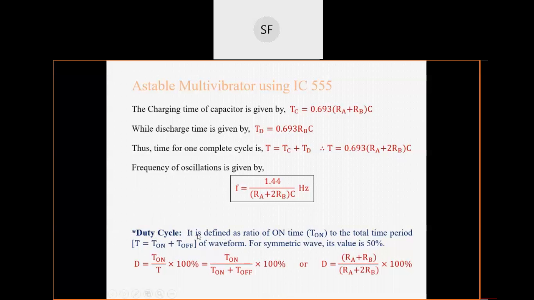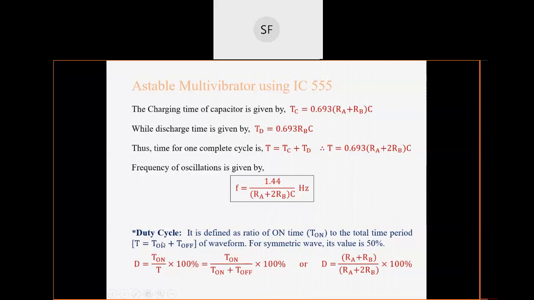What is duty cycle? Duty cycle is defined as the ratio of on time to the total time of your output waveform. Duty cycle will always be associated with the astable multivibrator, right, and the duty cycle term will be used only for the astable multivibrator, because in monostable there is no wave, there is only a pulse, a single pulse for a single trigger.